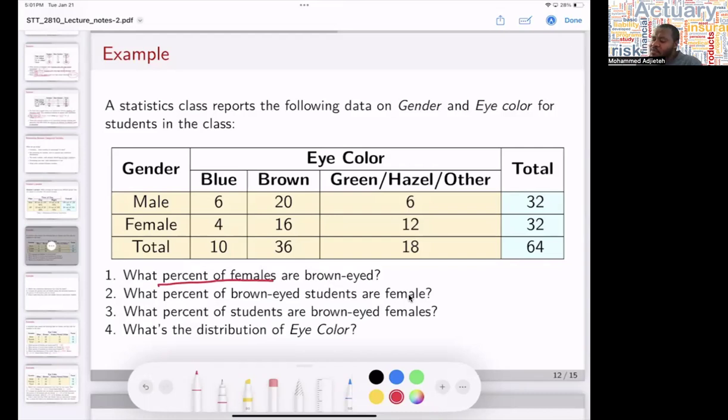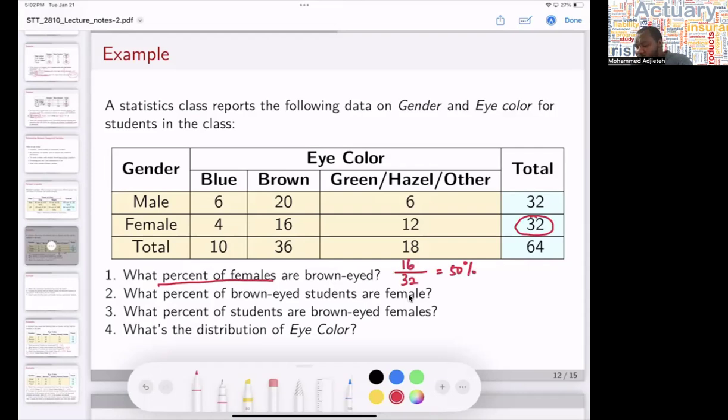We have 32 females. So that is our denominator. How many of the females are brown eyed? That is 16. And so that is 50%.